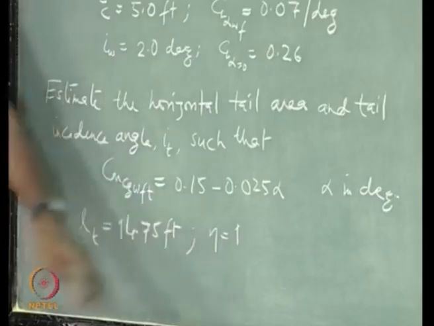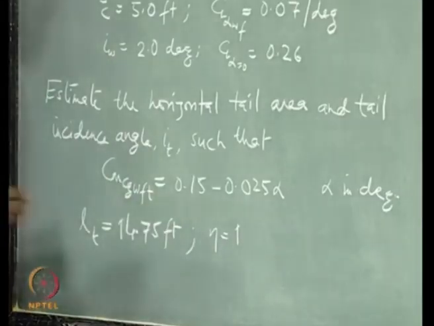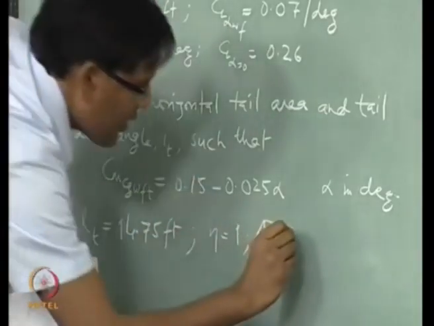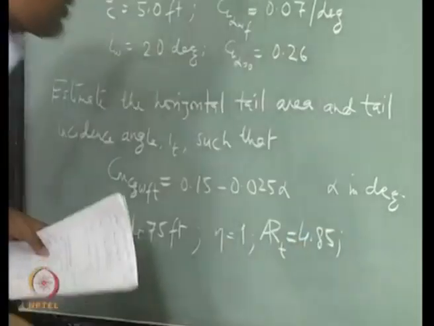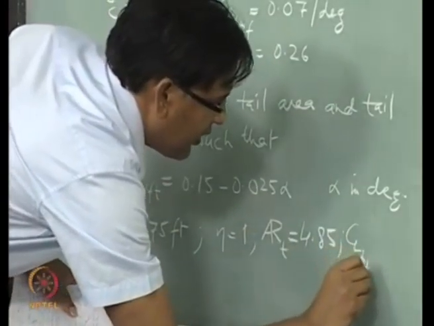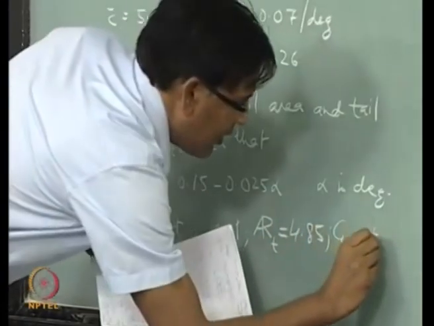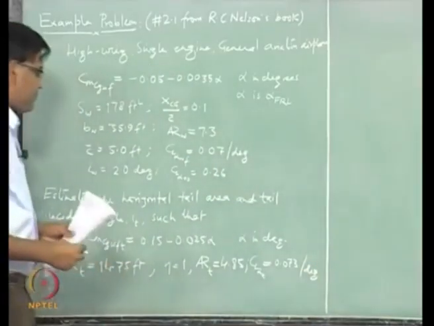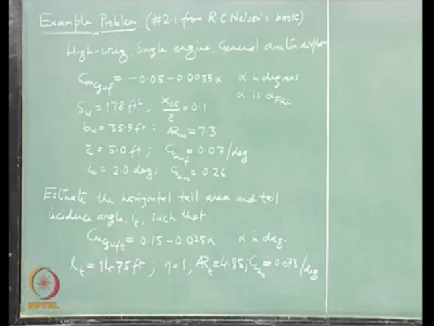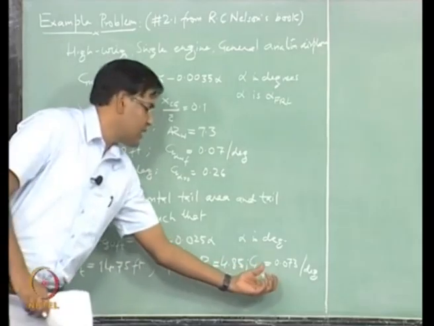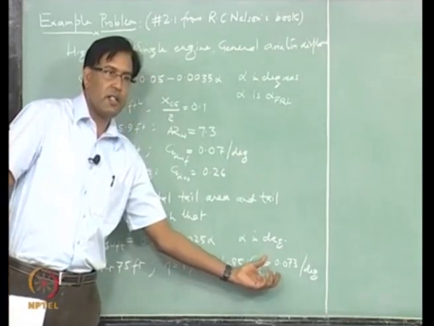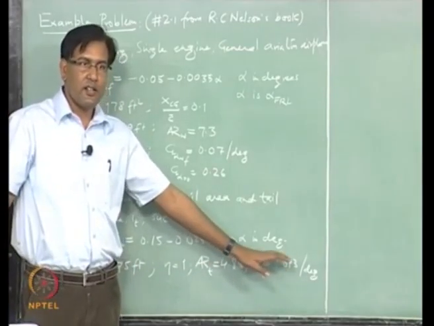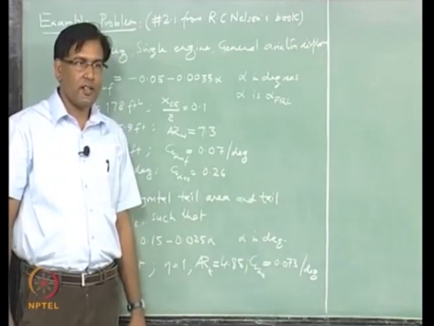So assuming tail efficiency to be 1, from this data, which is the lift curve slope of the tail, it is clear that the tail is what?